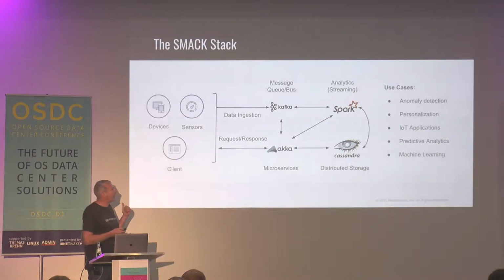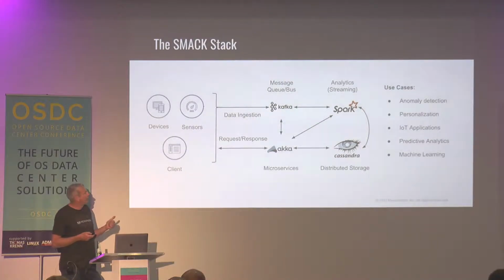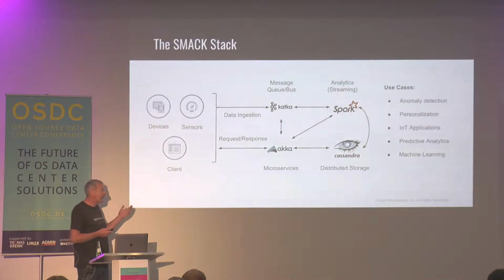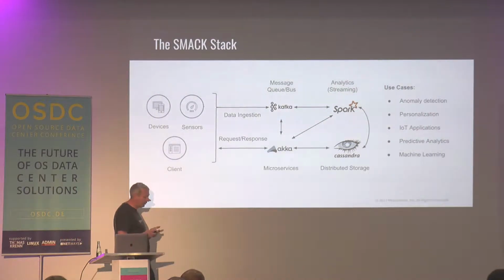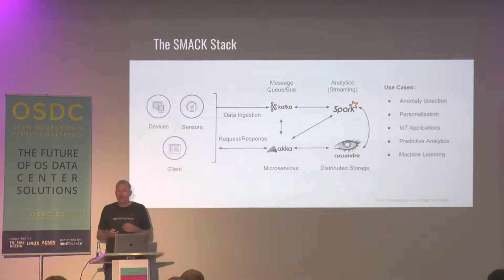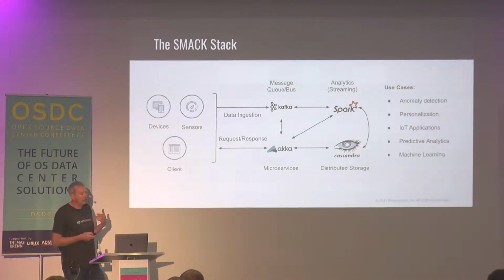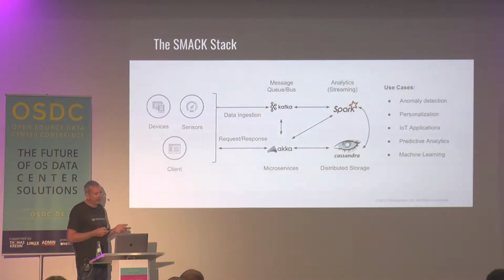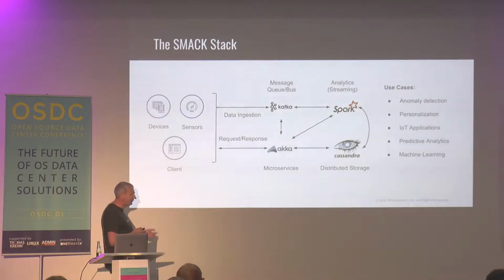And one of the really common patterns that we at Mesosphere see for this kind of pipeline is what people have talked about as the SMAC stack. This is an acronym, which stands for Spark, Mesos, Akka, Cassandra, and Kafka. And we'll come back to Mesos in a minute. But those other applications are all part of a class of cloud-native applications developed specifically for this kind of fast data world.